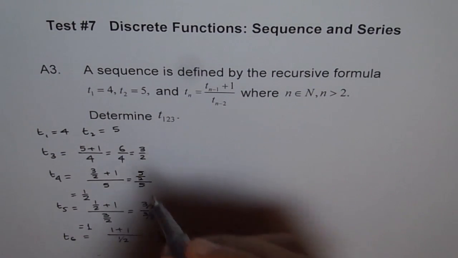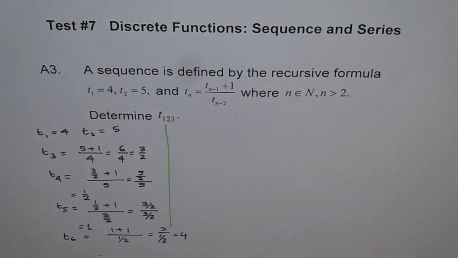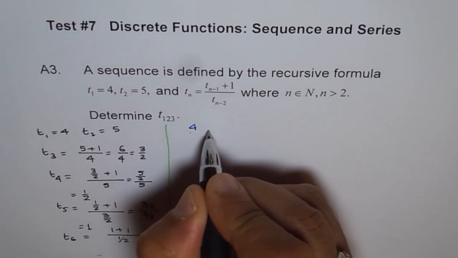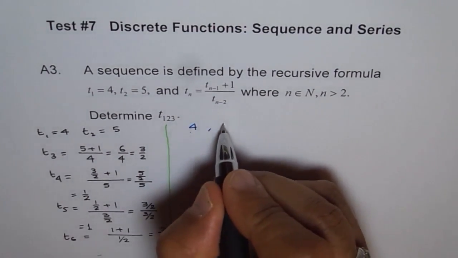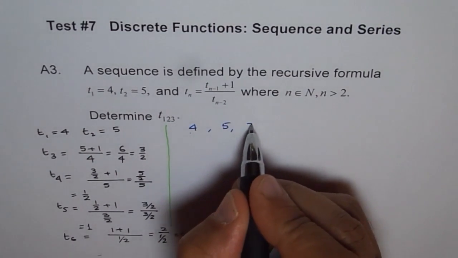So let me write all the terms we got together, because it seems that it is repeating. t1 is 4, so that's the first term. The second term is 5. The third term is 3 over 2.